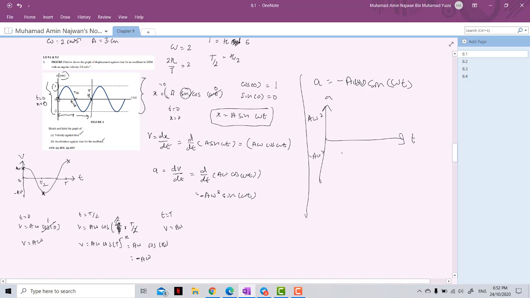So, to get you punya A, kalau nak buat T sama dengan kosong, T sama dengan T per 2, T sama dengan T pun boleh, which is pi per 2 and kosong. However, sebab nampak tak, kita punya ni is a negative sign. Ni pun sign kan. So, confirm punya akan sama je macam ni. Sama, but dia terbalik. Maksudnya dia start macam ni. Okay. Dia start macam ni pula.